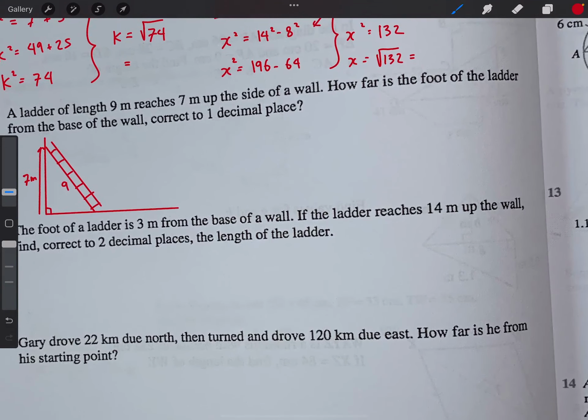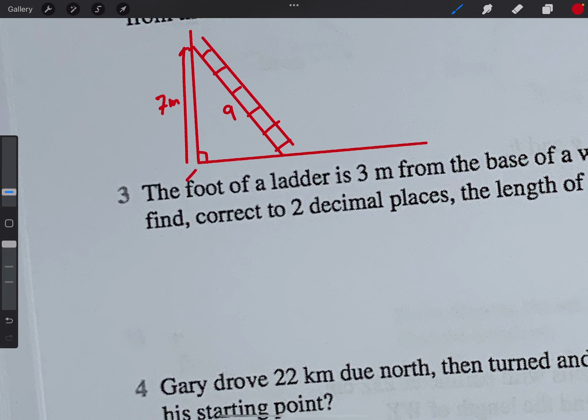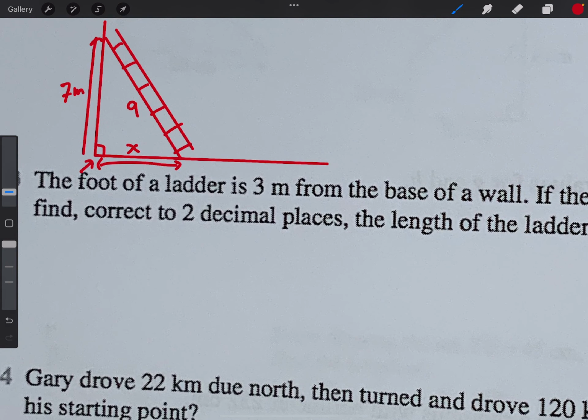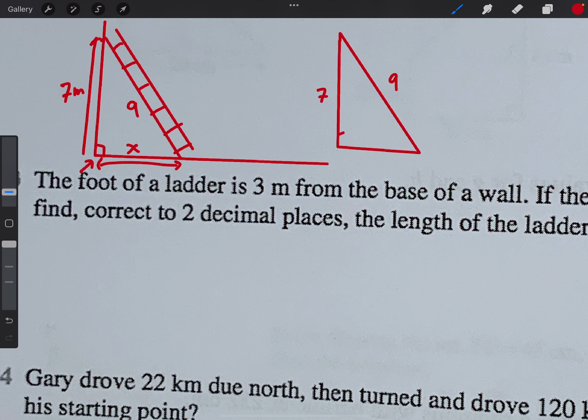How far is the foot of the ladder from the base of the wall? So here's the base of the wall. What's this length here? x. So you have a right angle triangle, with this being 9, this being 7, and this being x.